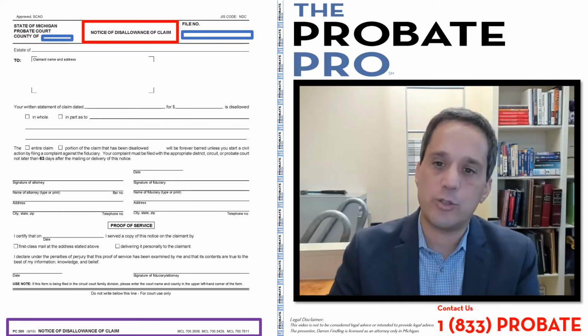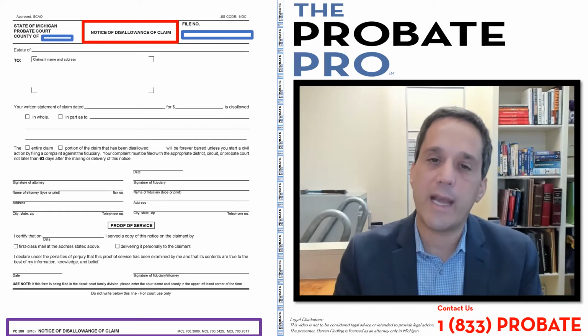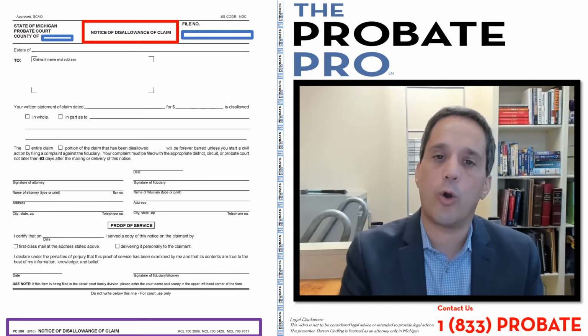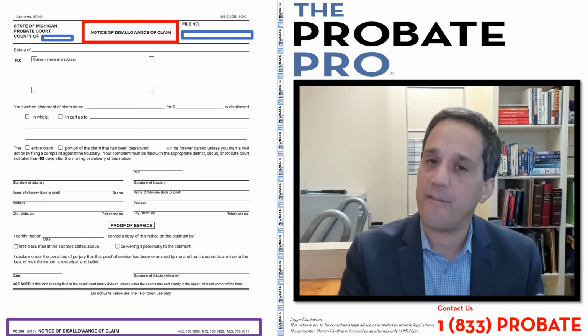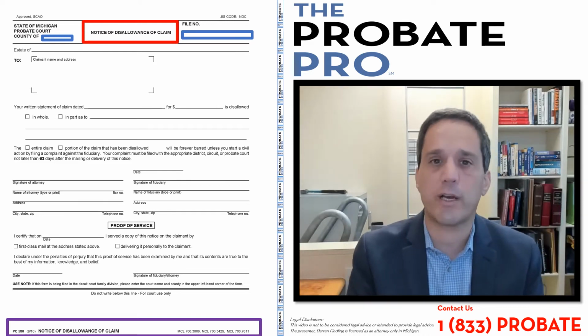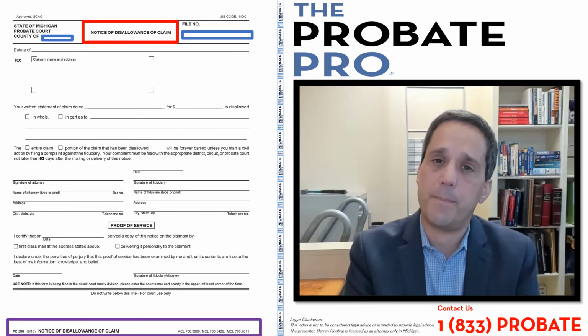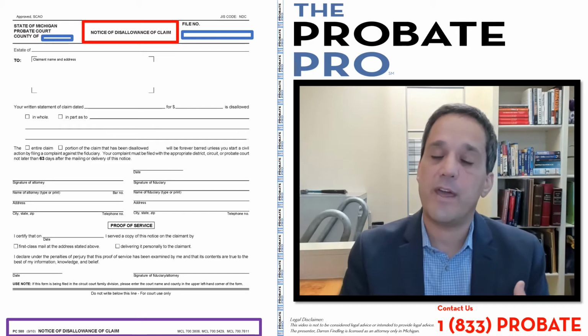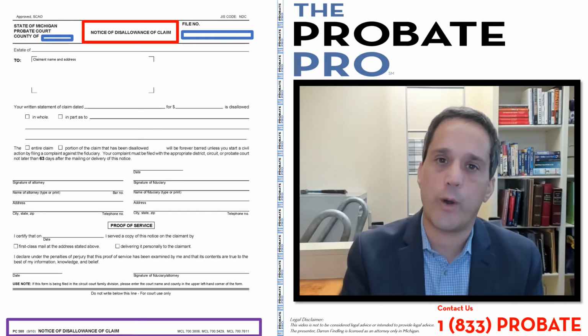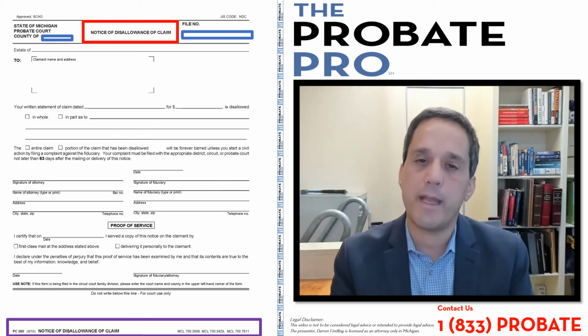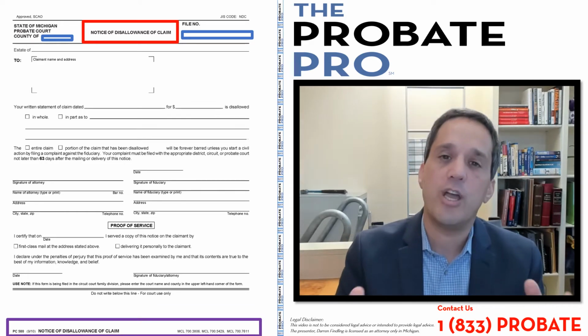And by failing to do so, you are forever barred. You cannot come after the estate or the personal representative after that time frame if you fail to file your suit within time. So it's really critical that if you're a recipient of this notice of disallowance, that you act on your rights very quickly, or the tolling may occur and you will forever be barred to collect on the debt.